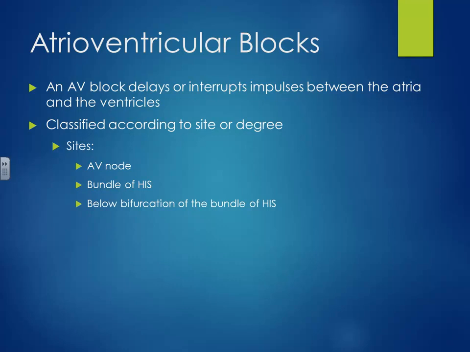Your first degree, second degree, third degree heart blocks are going to fall under the AV node. Your bundle branch blocks are going to fall under your bundle of His, and then your other blocks, your hemi blocks, are going to fall under the bundle of His at the Purkinje fibers. Okay.